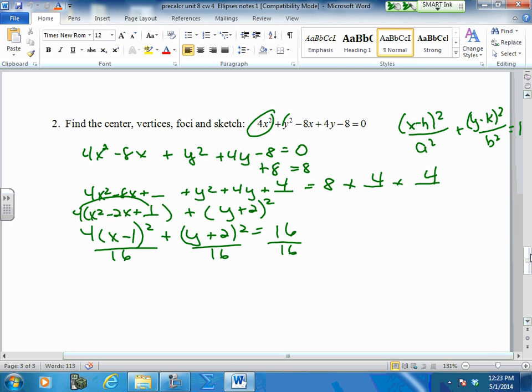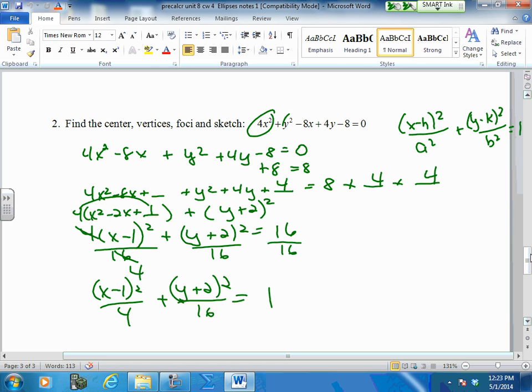It works this way because if I had both of them the same, I would have a circle all the time. Now, when you reduce this, leave the 1 in the denominator. x minus 1 squared over 4, even if it's a 1, plus y plus 2 squared over 16 equals 1.